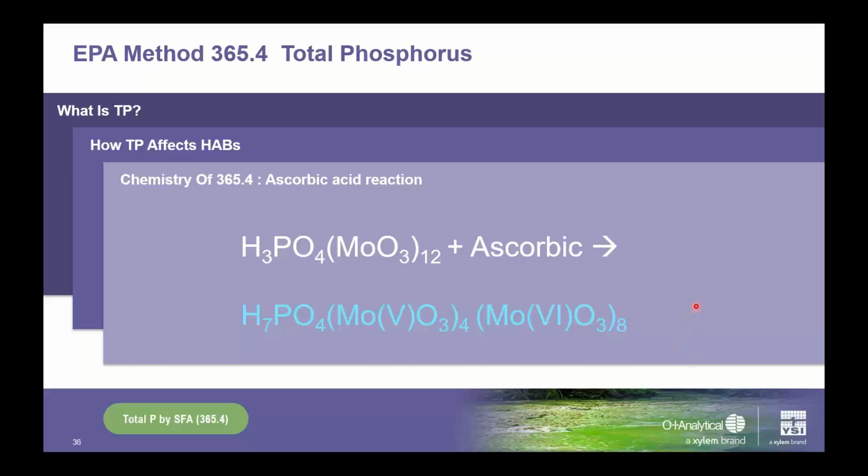The antimony molybdate complex is called molybdenum blue, and the intensity of this is going to be proportional to the amount of phosphorus that was in that original water sample. If you only have to measure orthophosphate, the digestion step can actually be omitted, and you can do this process directly. But if you want total phosphorus, you have to do that digestion to convert everything to orthophosphate first, and then all of that will end up being in this complex.